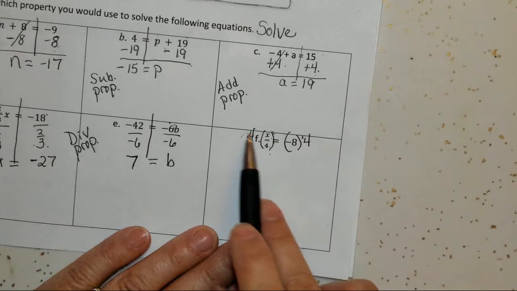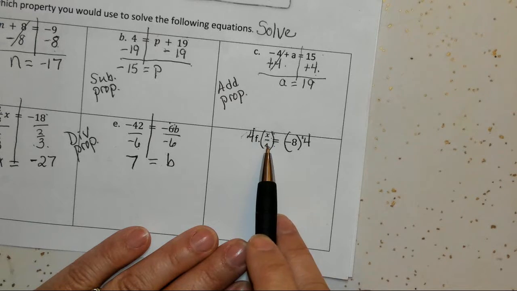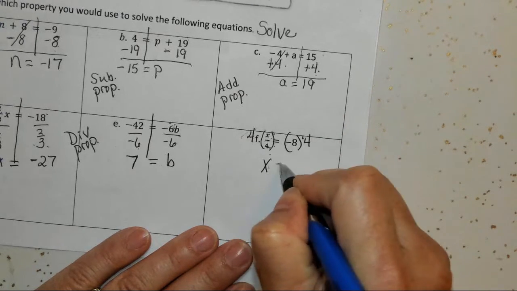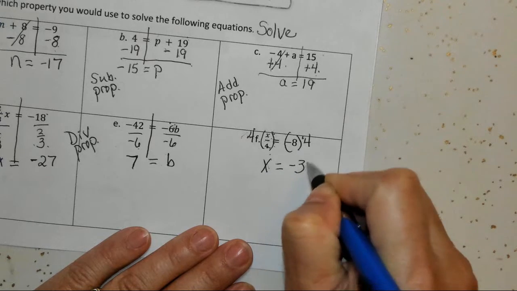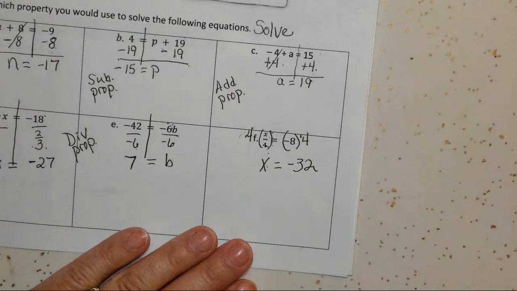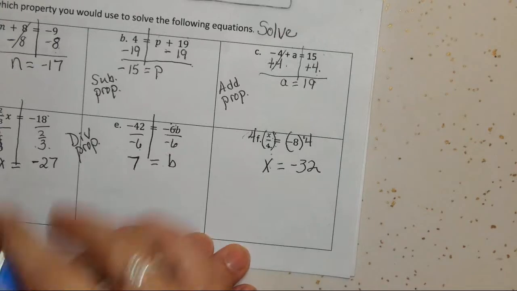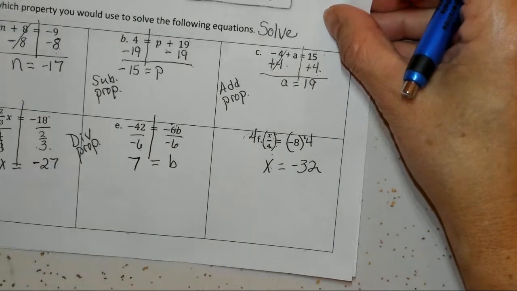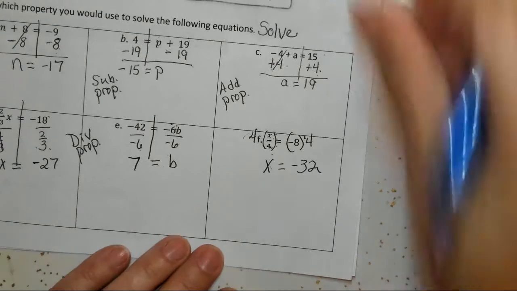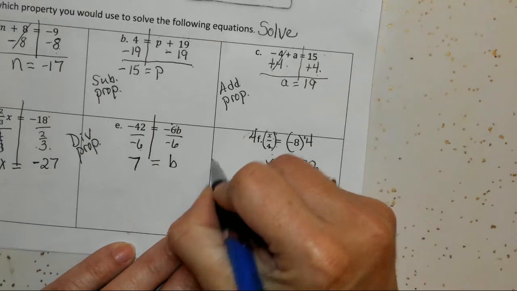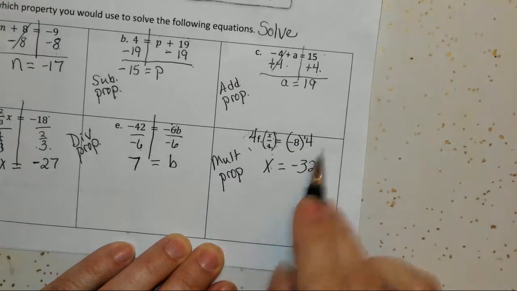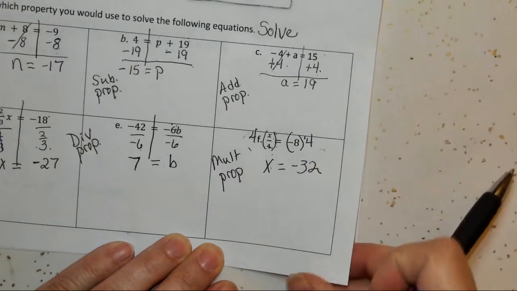When I multiply this side by 4, the 4's cancel, leaving me with 1x. And over here, I get my solution of negative 32. So once we learn to get rid of the 4 basic operations of add, subtract, multiply, and divide, and by the way, this was the multiplication property here because I multiplied both sides by the same thing.